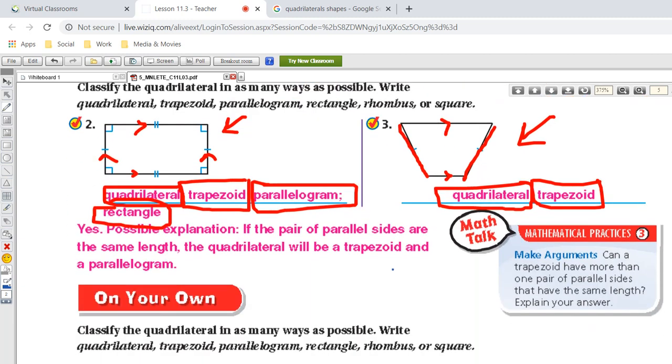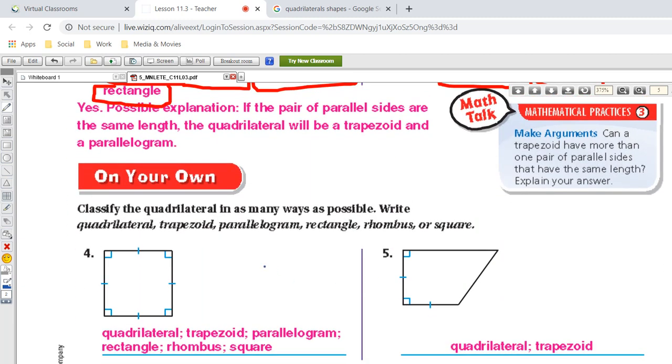Okay, let's see this one. Number 4. We ask ourselves, firstly, it's a quadrilateral, right? So we write quadrilateral. This is the first one. Then trapezoid, because all shapes are quadrilateral and trapezoid. Then we ask ourselves, each two opposite sides are parallel?